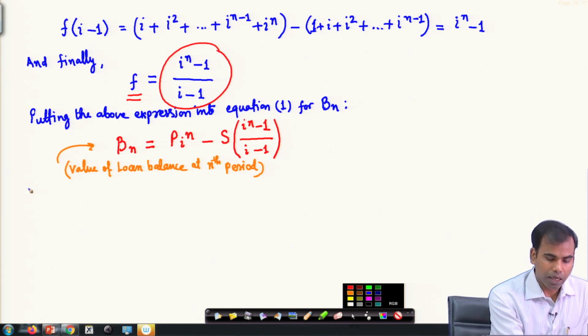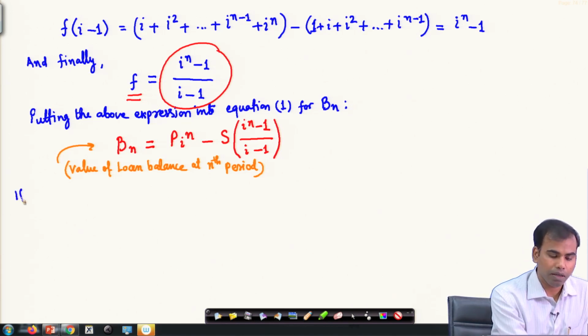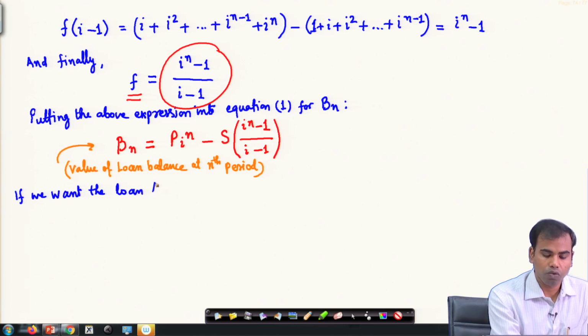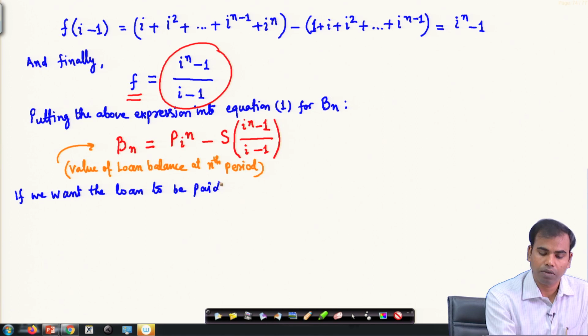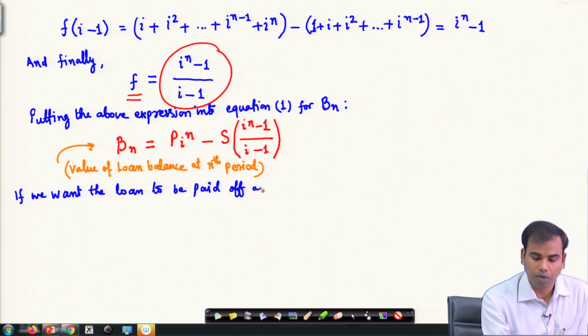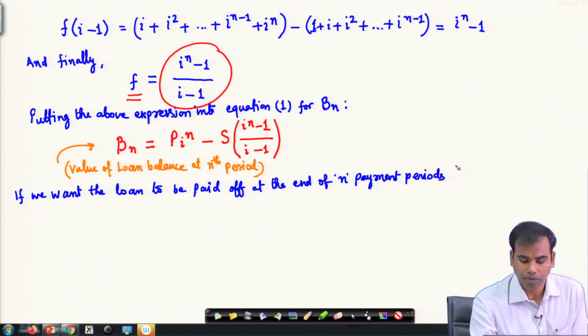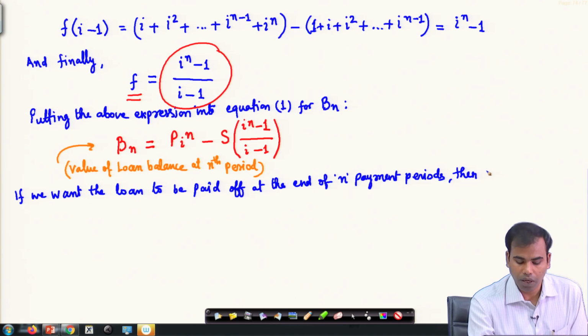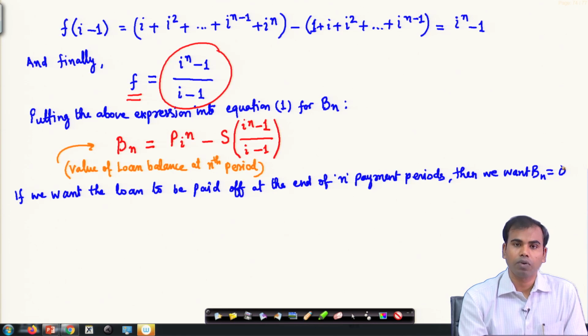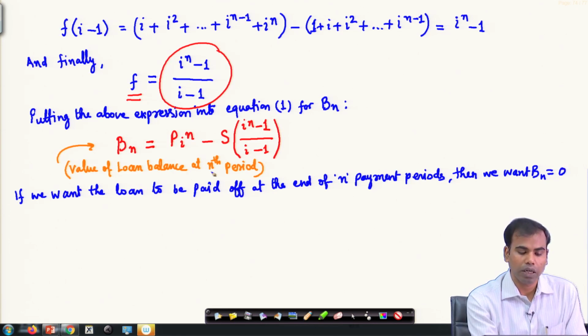If we want the loan to be paid off fully at the end of n periods, then the value of Bn should be 0, right, because we want to pay off all the amount that is balance in the loan account at the end of the nth period.